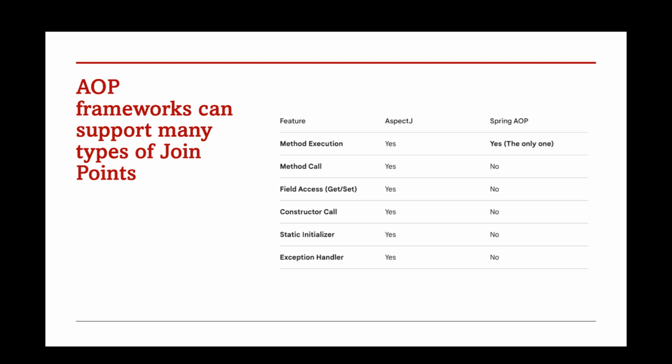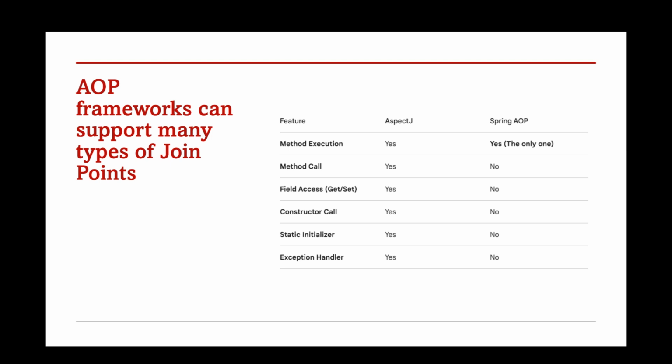Spring AOP does not support constructor interception. It does not support field access. It does not support static initializers. Only method execution. And the reason is simple. Spring AOP is proxy-based. And a proxy can only intercept method calls, because it wraps the object and overrides its methods. It cannot intercept field access or constructor calls, because the proxy has no way to intercept those.